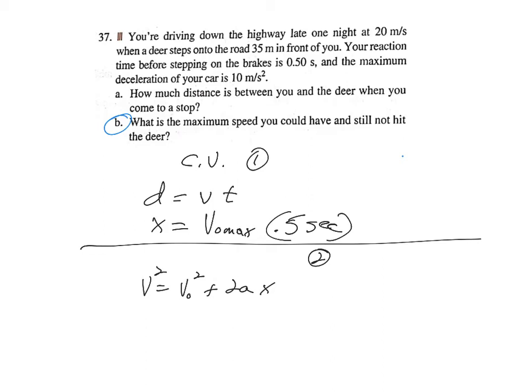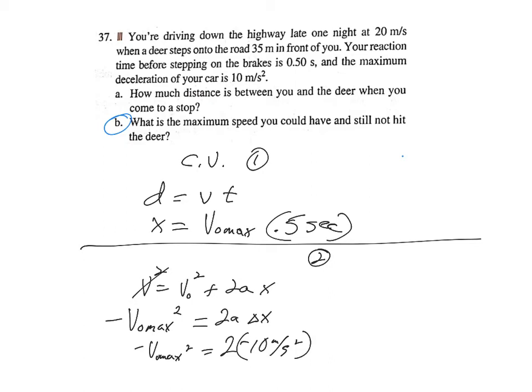And this one turns into, my final velocity goes away. I'm going to subtract, my VO now is VO max, and I'm going to bring it to the other side, but it has to be squared, equals 2a change in x, which is going to be VO max squared equals, what was that, 10?